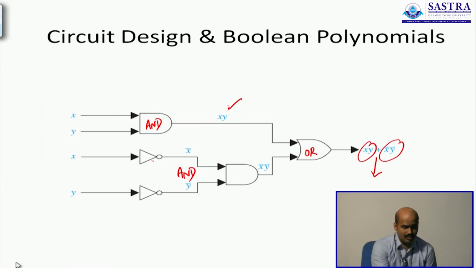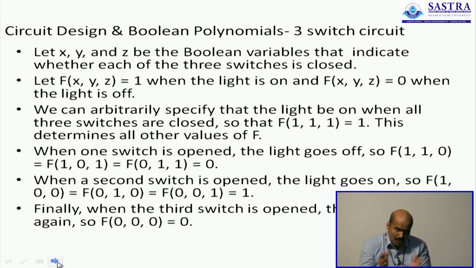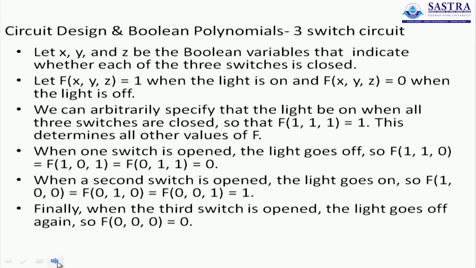But what if we have 3 switches? The situation gets more interesting. Like x, y, and z, just like the manner we saw x and y in the previous example. The light is on, it's 1, and the light is off, it's 0. So we'll start with the basic arbitrary choice that f of 1, 1, 1 is 1, and all of the values can be understood from here. 1, 1, 0 should be 0, 1, 0, 1 should be 0, 0, 1, 1 should be 0.